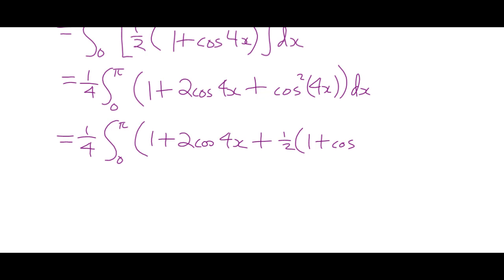Cos squared 4x. What do we do with 4x? Double it. So it's going to be 8x, right? dx.